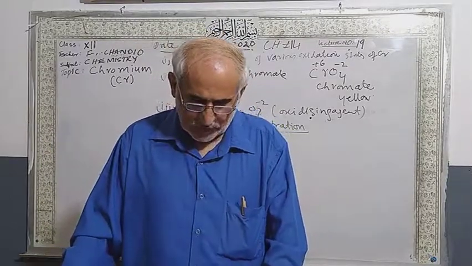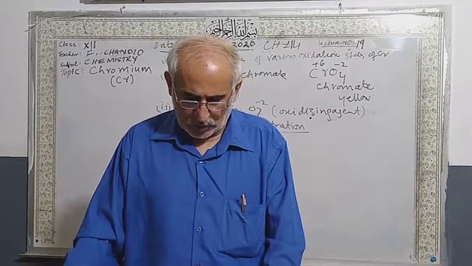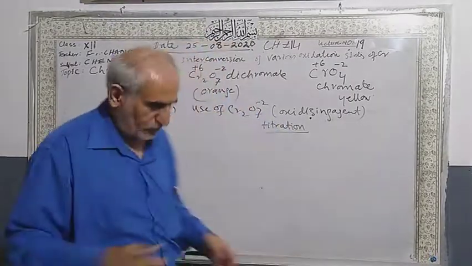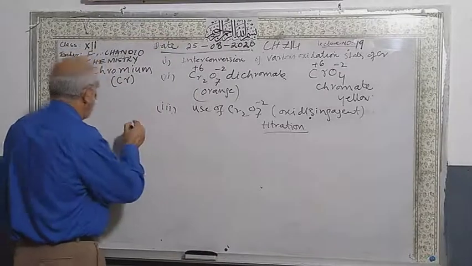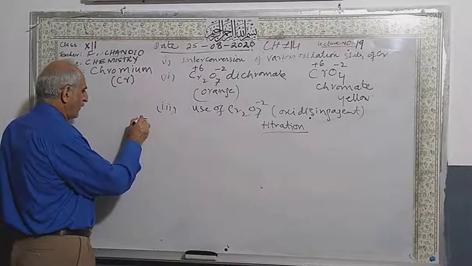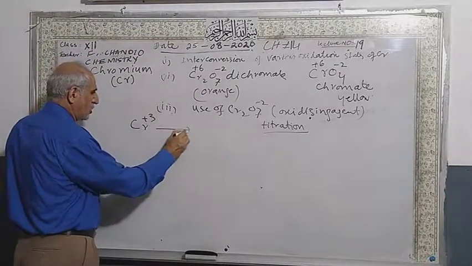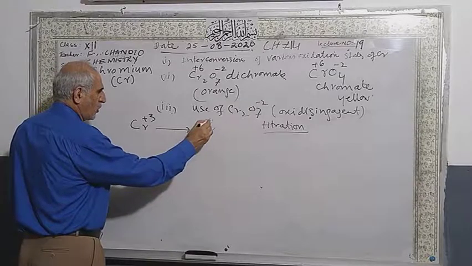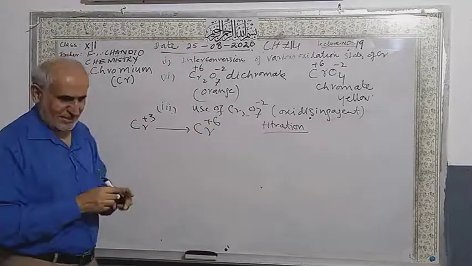So first, the oxidation of chromium 3 to chromium 6. I mean how chromium positive 3 oxidizes to give chromium positive 6.